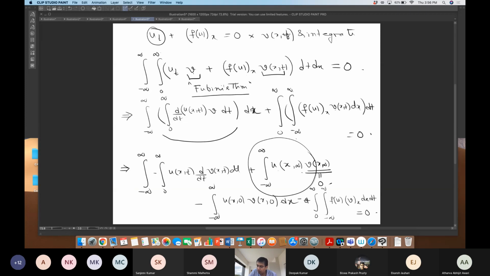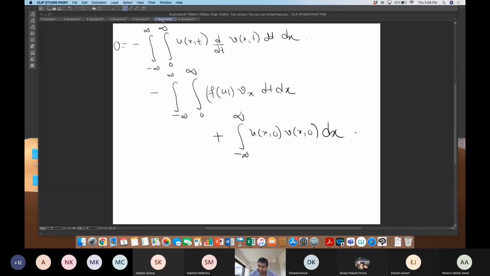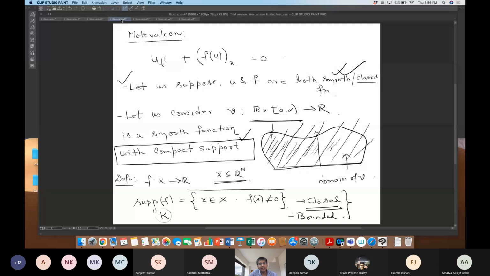Here we have already assumed that u_t is also smooth, in the pointwise sense, so I can do the integration by parts and throw the derivative to v. Here also I throw the derivative to v because we know f is a smooth function. That is why. Now if I say that in this equation u is a solution, but u is not smooth.